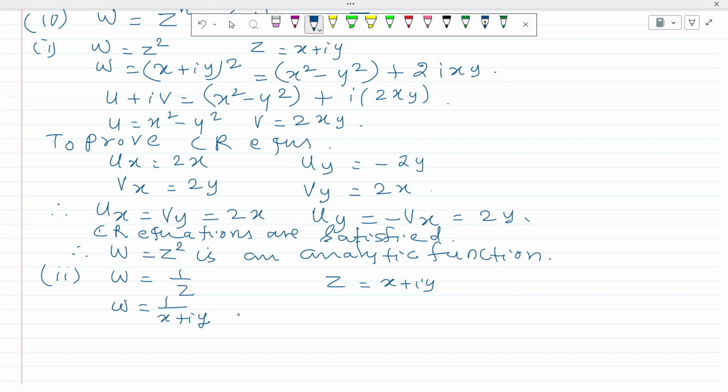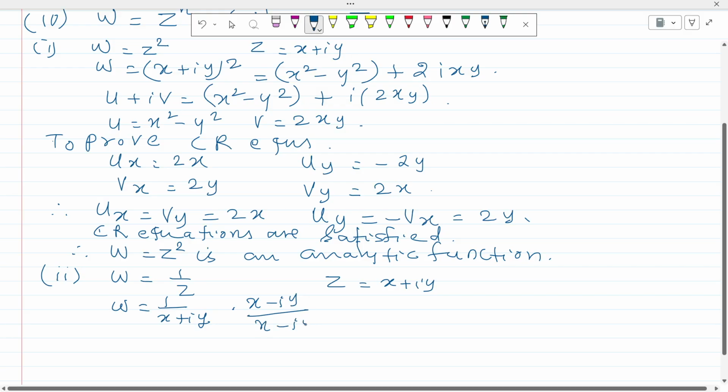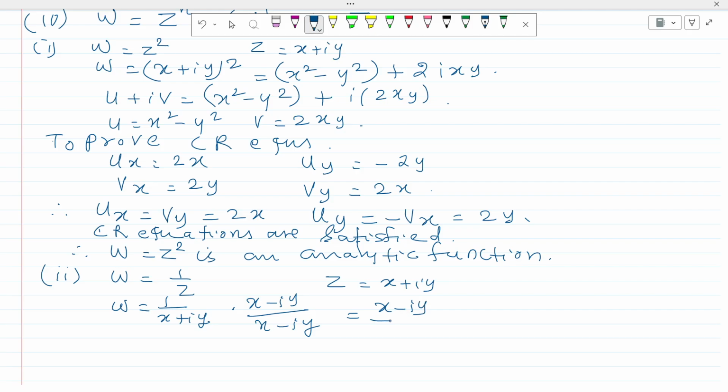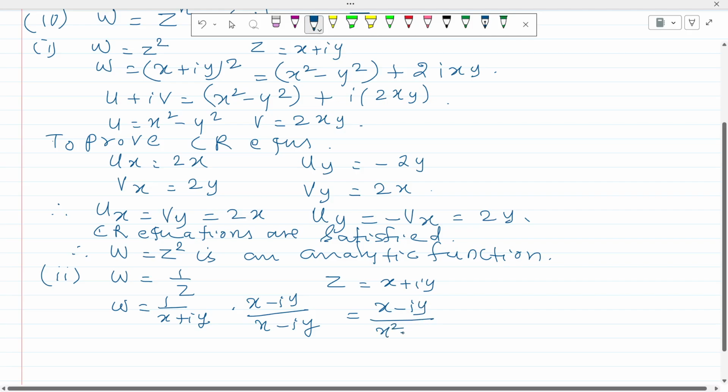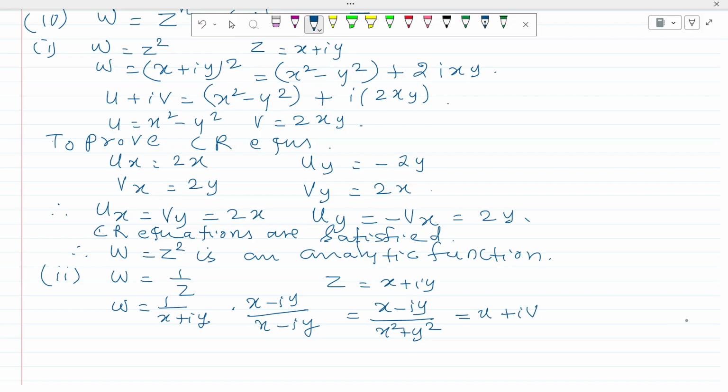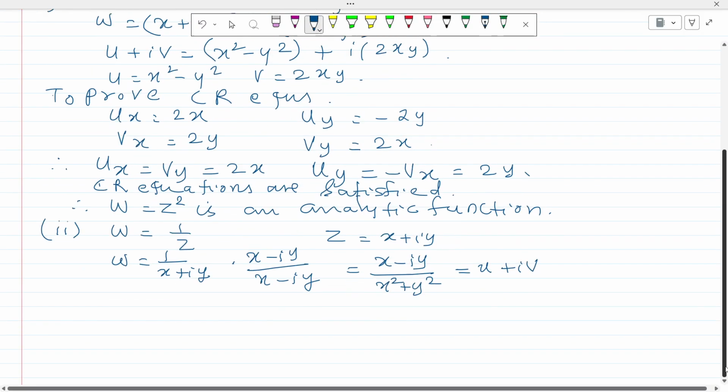Now how can we separate the real part and imaginary part? Multiply with x minus iy by x minus iy. Then what you get here? x minus iy divided by x square plus y square. So what is W? u plus iv.